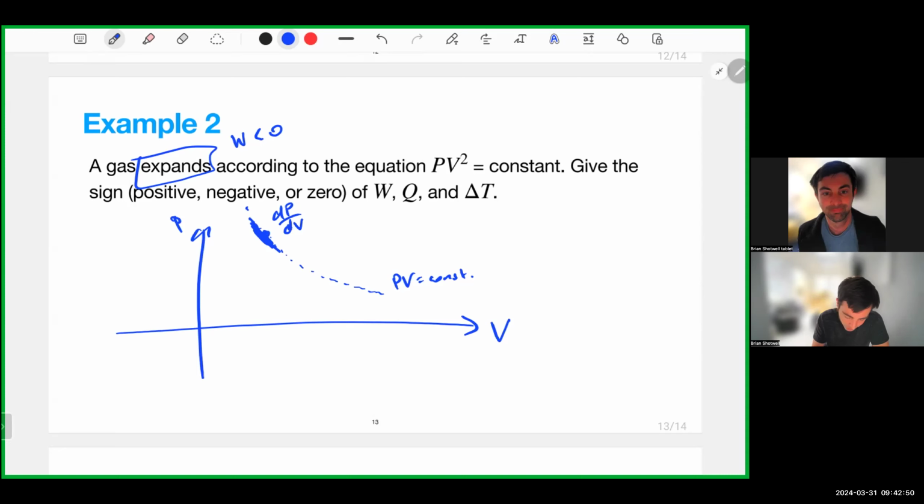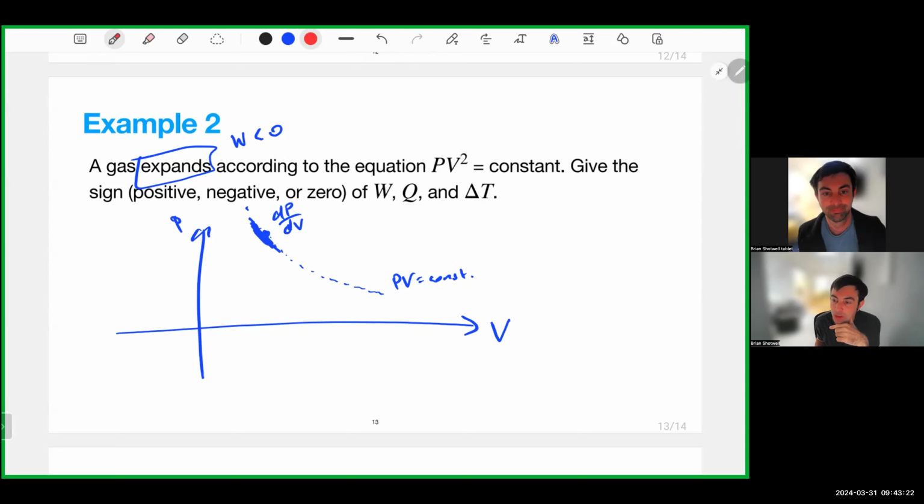So basically, we want to see, for this case where PV squared is constant, is this going to be steeper? In which case, as the gas expands, we're going to jump down to a lower isotherm. Or is it going to be shallower like this, in which case the temperature would actually go up as the gas expands? So we need to find dP/dV and relate it to the dP/dV for the isotherm.